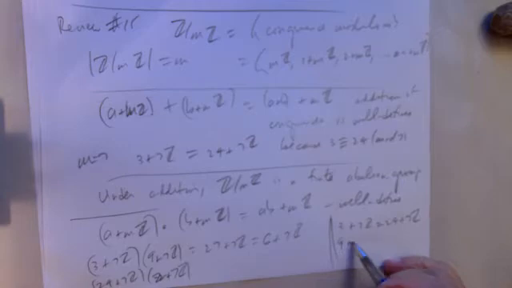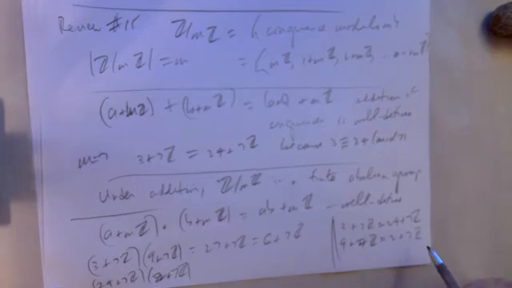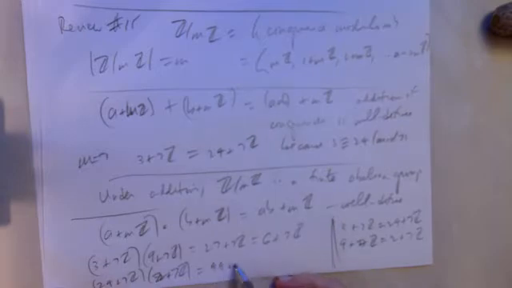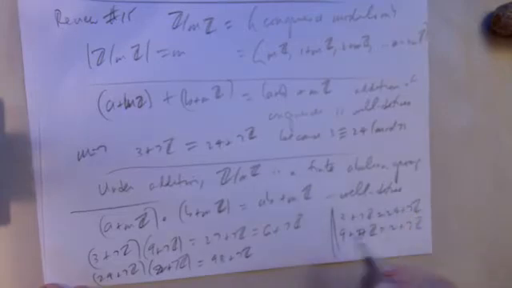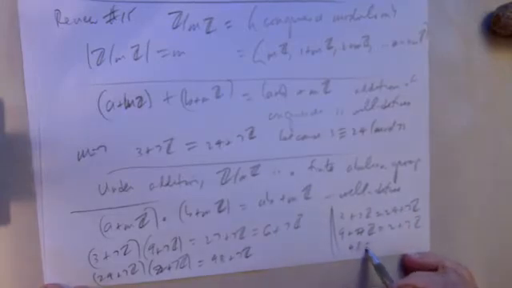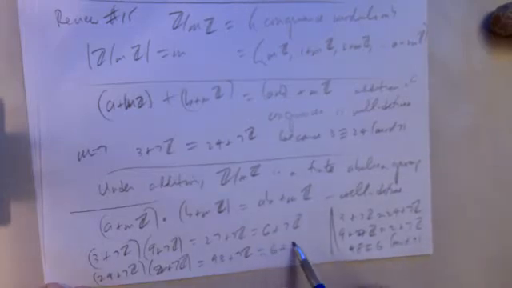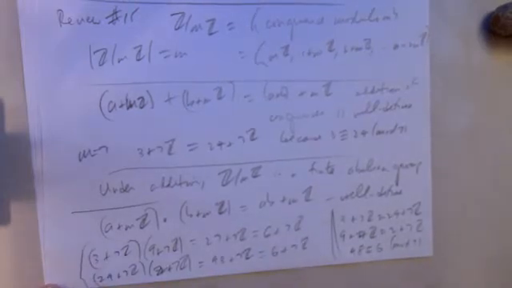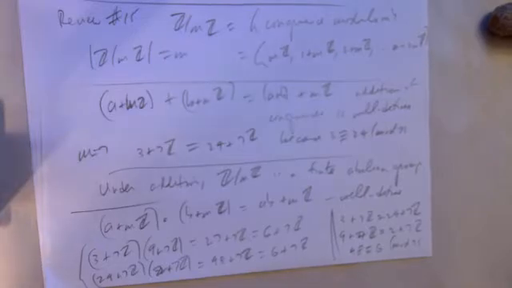And similarly, 9 plus 7Z is the same as the congruence class 2 plus 7Z. And what is 24 times 2? It's 48. And what is 48 mod 7? 48 is congruent to 6 mod 7. So this is the same as 6 plus 7Z. So this is just an example of the fact that multiplication of congruence classes is well defined.